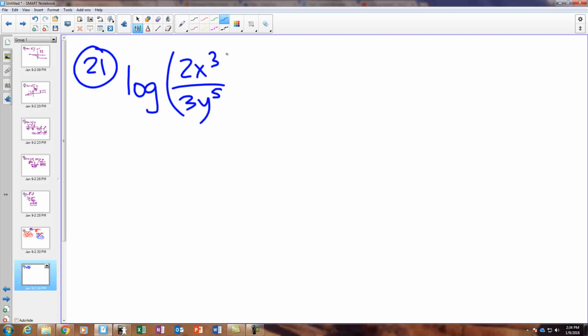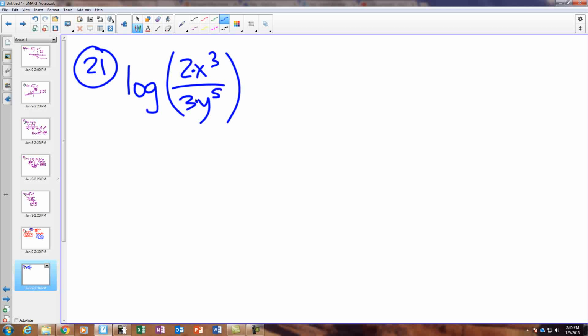All right. So the first question I always want to ask is how many different pieces are inside the logarithm parentheses? And I think about, can I separate them by multiplication or division? The 2 and the x are a multiplication problem, right? And the 3 and the y are a multiplication problem. So I see 4 pieces.